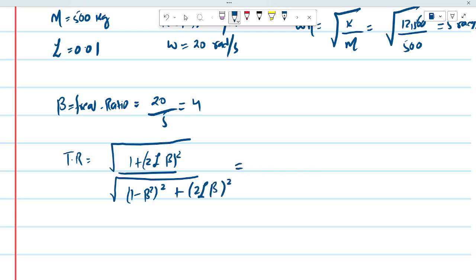So you can substitute these values. You know the value of the damping ratio, you have the value of the frequency ratio.